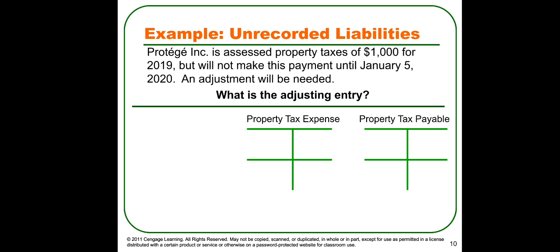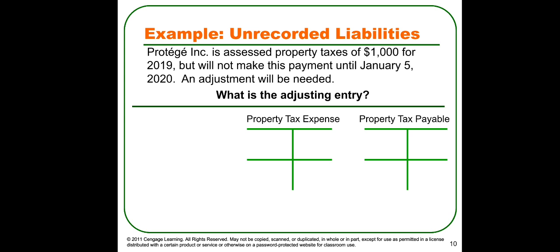So the situation is like this. There is a business, and the business knows in year 2019 the property taxes that the business has to pay is $1,000 for the year 2019. But the practice of paying tax is like this. You pay this year's tax next year.